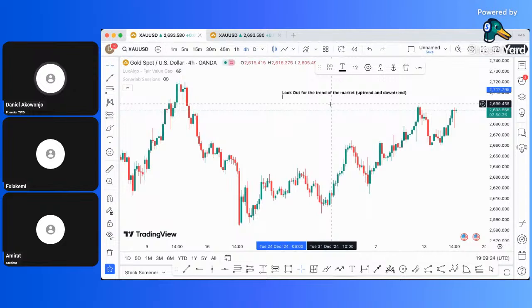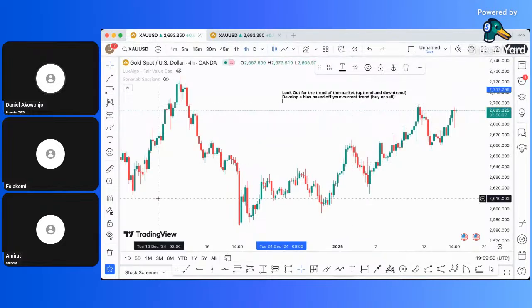Now, when you're able to do that, the next thing you want to look out for is to develop a bias based off your current trend. Bias could be either buy or sell. You see that?